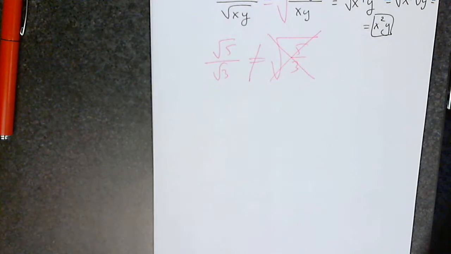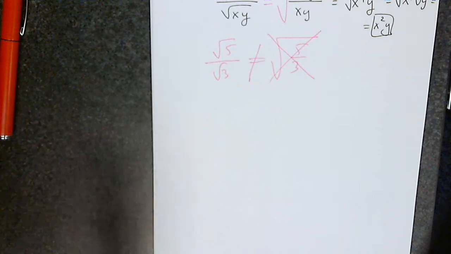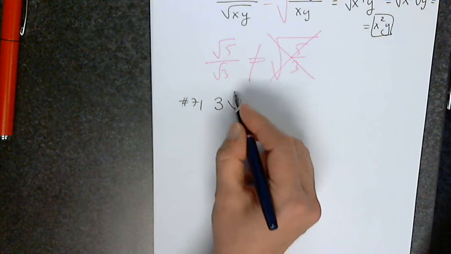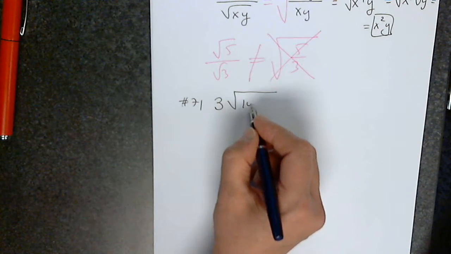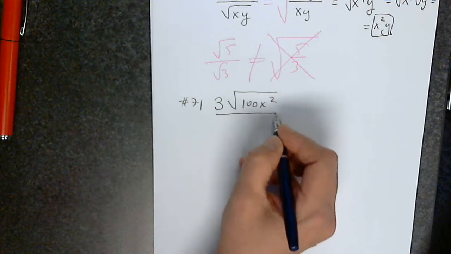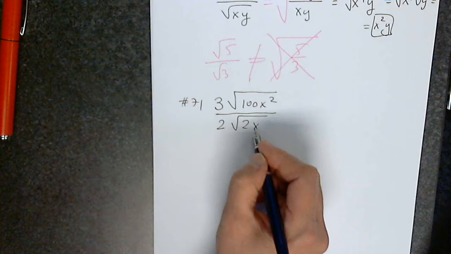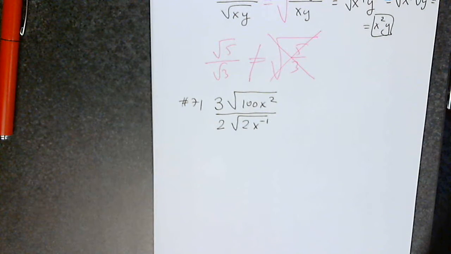Now, let me choose another for you. Let's say 71, in which I have 3 outside, and then multiply by the square root of 100x squared, and everything divided by 2 times the square root of 2x to the negative 1.